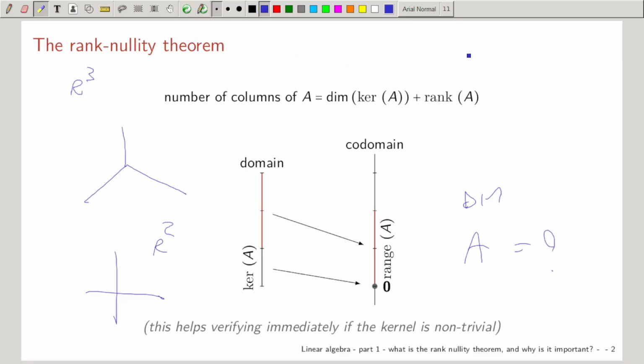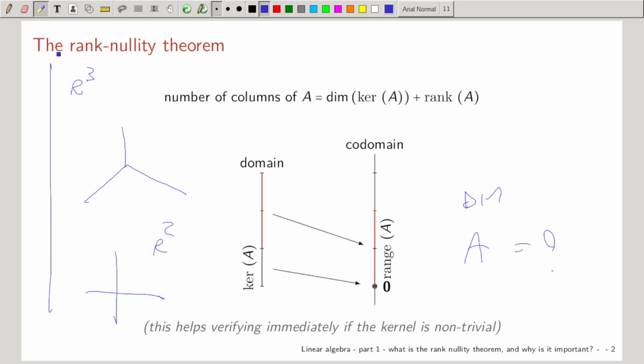The kernel, what is the kernel? Anyway, the kernel in brief is all the points in the domain that go mapped into 0 in the codomain. It might have some dimensions, it might have no dimensions. Let's make another example.